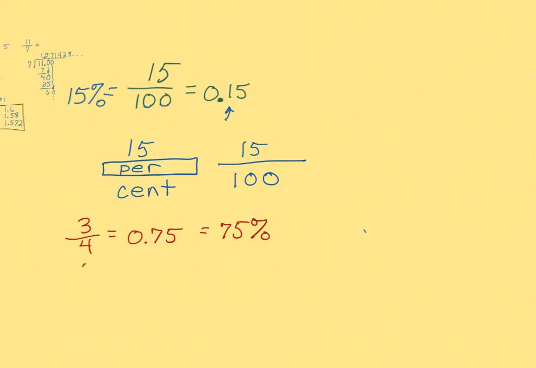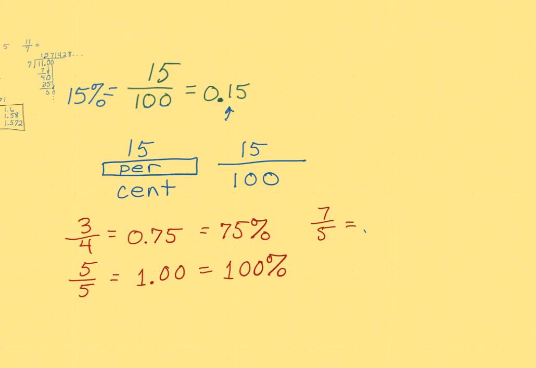So what does our very special number 1 look like? That looks like 5 divided by 5. That is 1. And if you went ahead and wrote 1 out to the hundredths place, you would have 100%.